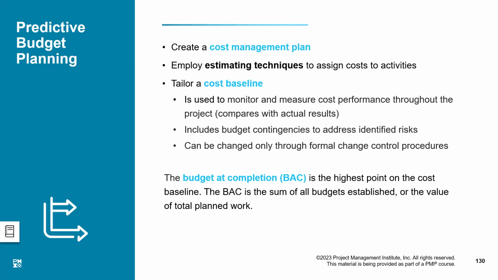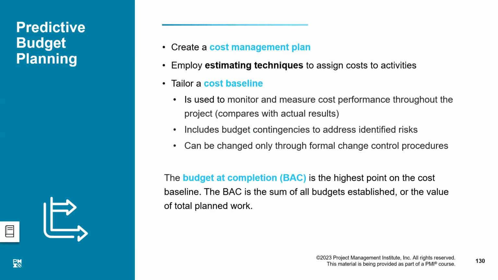This includes the budget of each activity plus the reserves or contingencies against each activity. It is just similar to what we did in scheduling, that we had schedule reserves at the activity level, at the work package level, and at the management reserves level. Exactly the same thing will be done here for the budget.